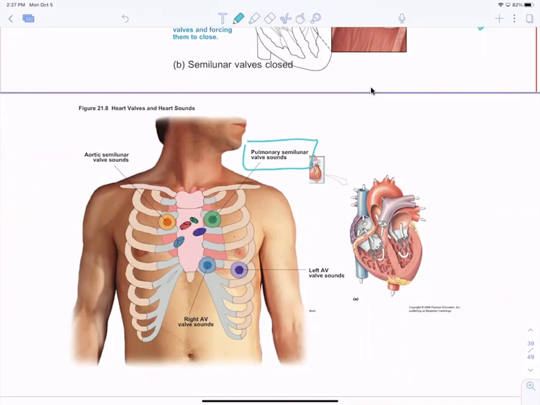When they go to the other side, they can hear your aortic semilunar valve really well. When they want to hear the AV valves, they go lower, towards the xiphoid process for the right AV valve, and then over towards the left for the left AV valve.